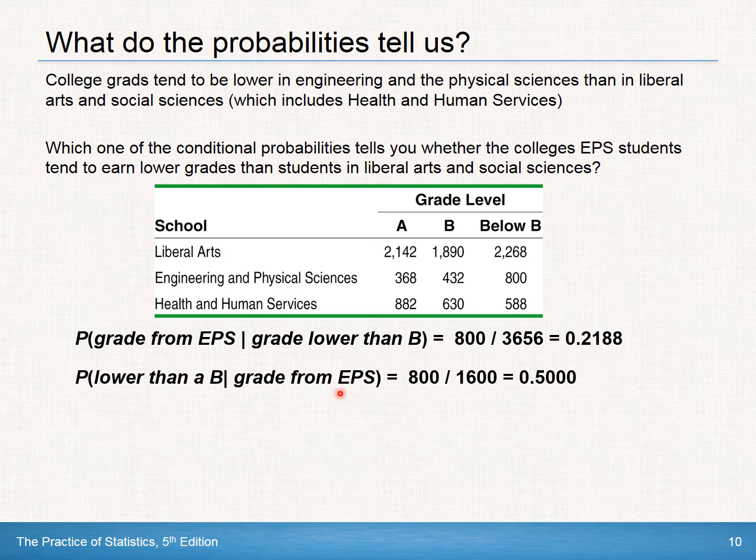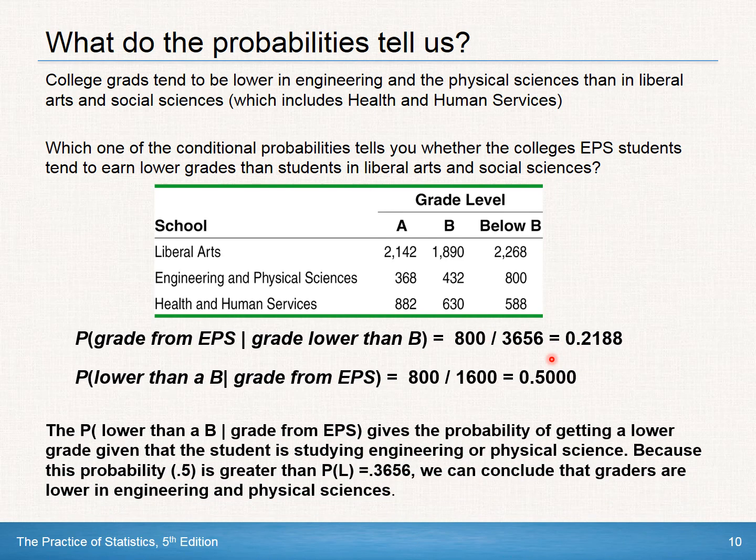Now, what do these two probabilities tell us? These are hugely different. Knowing that it's from engineering and physical science, the probability that it's lower than a B is 0.5. But given that it's lower than a B, the probability that it's from engineering and physical sciences is only 0.2188. The second one, the probability of lower than a B given engineering and physical sciences, gives the probability of getting a lower grade given that the student is studying engineering or physical science.